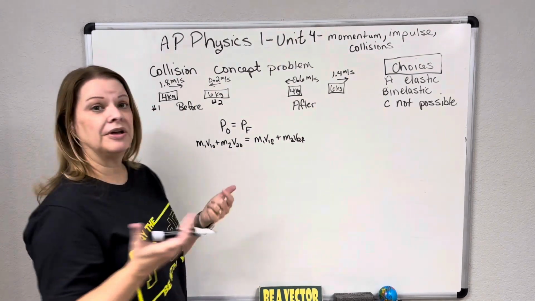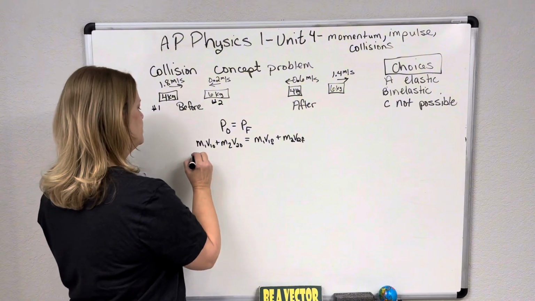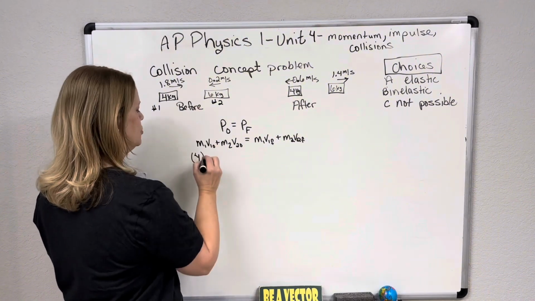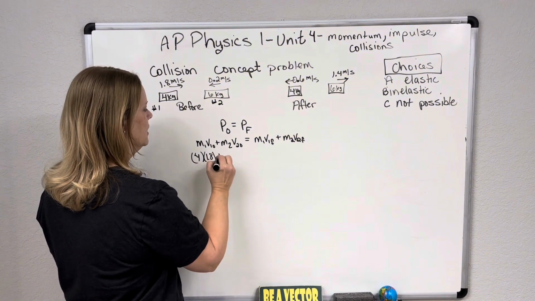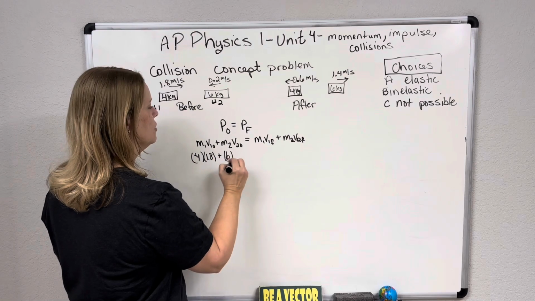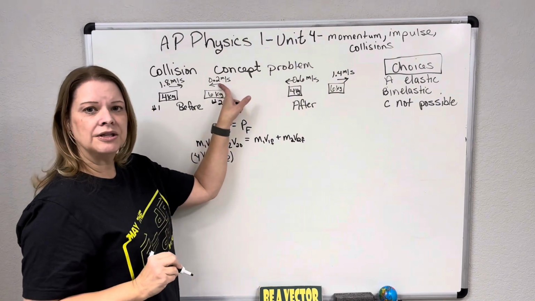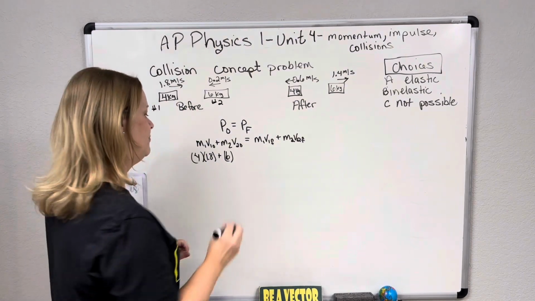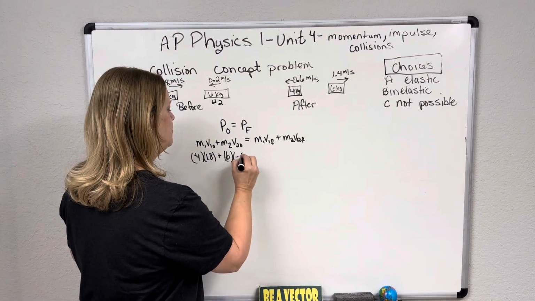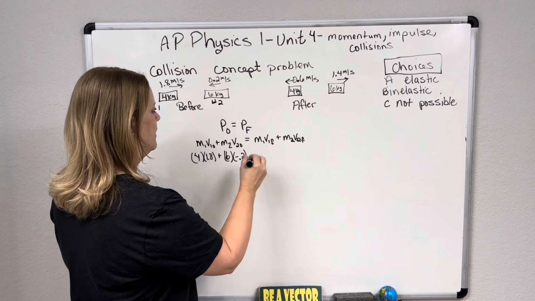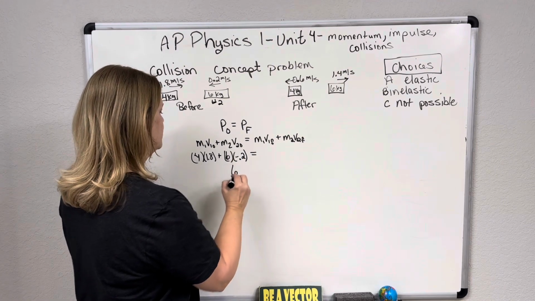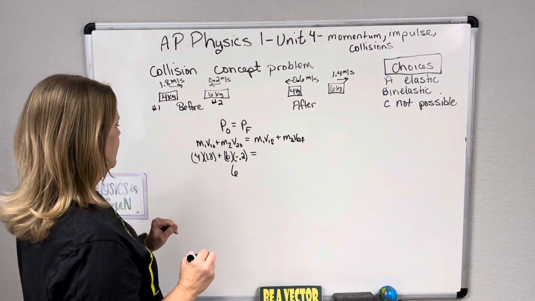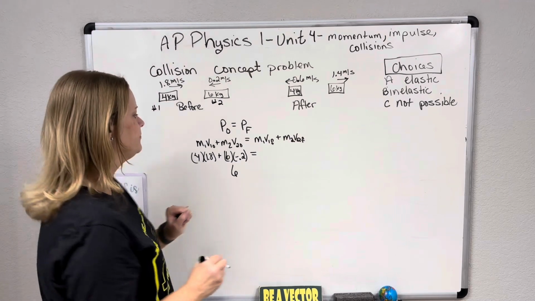All right, I can totally plug and chug now. M1 is 4, V1 initial is 1.8, M2 is 6, and then here's where you gotta watch these directions on velocity. That is to the west, so that's gonna be a negative 0.2. And then that's going to equal 6. If you were to do all that and multiply that out, that's going to equal 6.